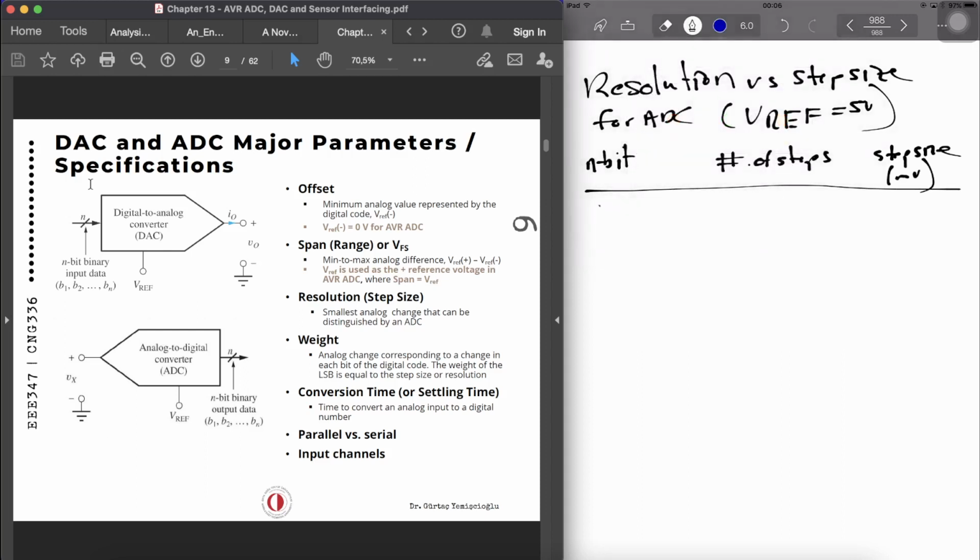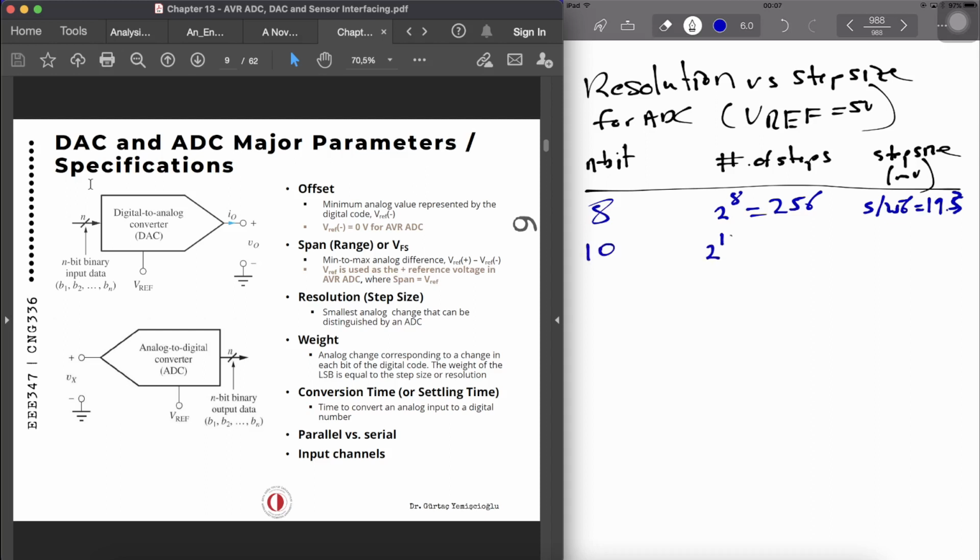Okay, so for example, if we have an 8-bit, then the number of steps is 2 to the power 8, which is 256. So the step size is 5 over 256, which is 19.53 millivolts. Okay, maybe we have to tidy that up. So let's say we have 10 bits of resolution.